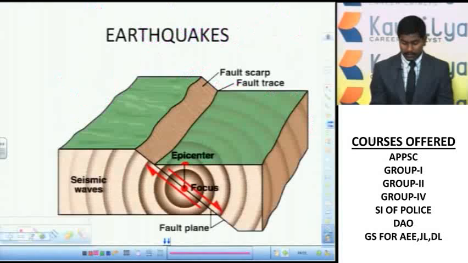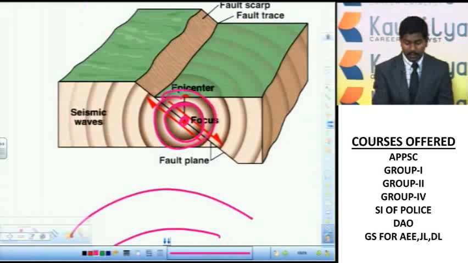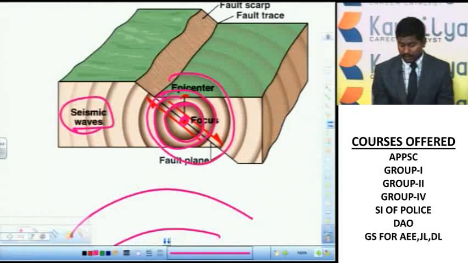See here, look at this picture. The earthquake originates here. This is the focus. From this focus, the energy is distributed in the form of waves throughout this space, and that is how these are called seismic waves. Understood, right?